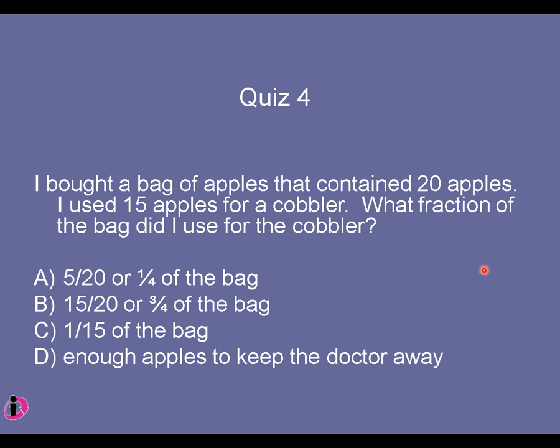Since we are using 15 out of 20, again, those are equal. We are assuming that all the apples are equal. They may not be equal because it's hard to make them equal, but pretty close. Then if we simplify it, 3 times 5, 4 times 5, we get 3 over 4. So 3 over 4 or 15 over 20 is the same, right?